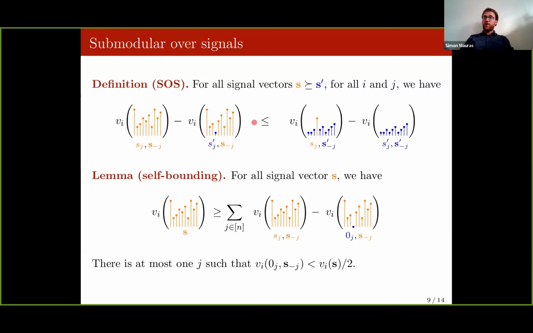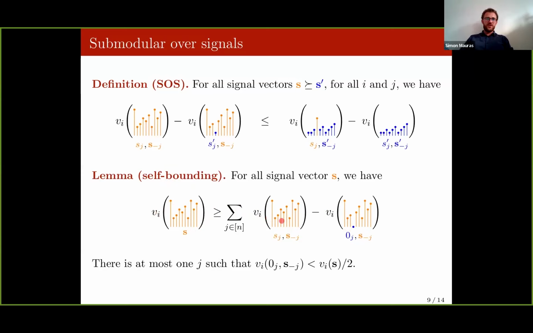in the private valuation setting by saying, well, this class of SOS valuations is going to satisfy a property that is called self-boundingness. Self-bounding means that if you compute the sum over all agents j of how much the value of i decreases by replacing Sj by 0j, this entire sum cannot be bigger than the value of i itself.